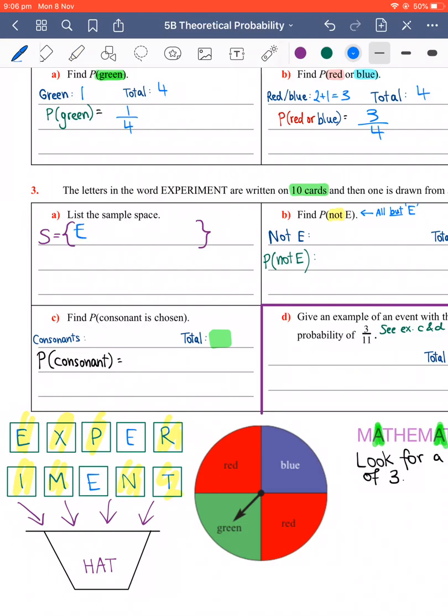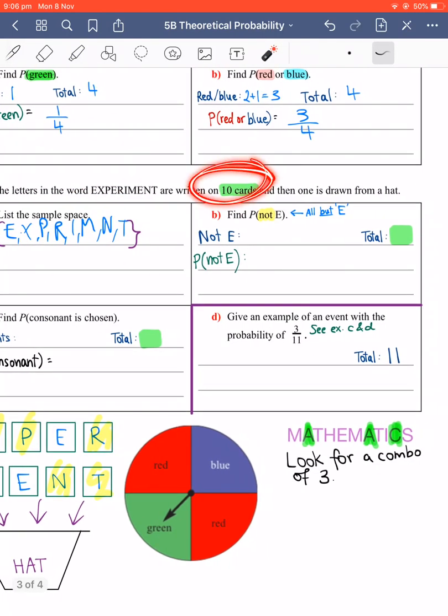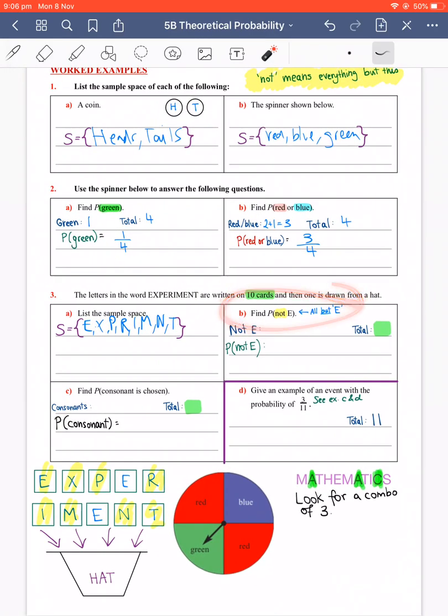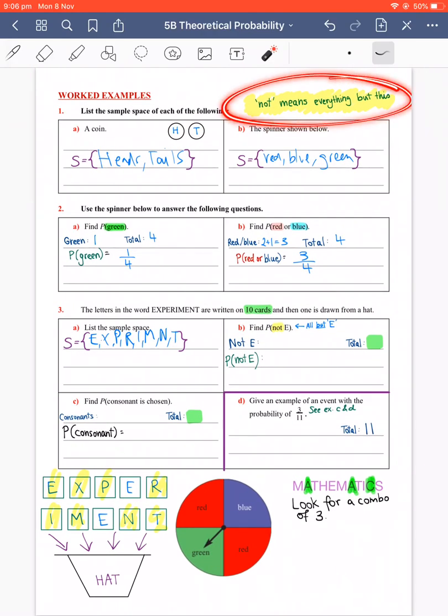So I have E, I have X, and we do commas in between. P, R, I, M, N, and T. And we have to do those commas in between. Keep in mind your sample space may not necessarily be the same number as your total. Okay? Next one we have is we want to find the probability of it not being E. So not means everything but this specific thing.